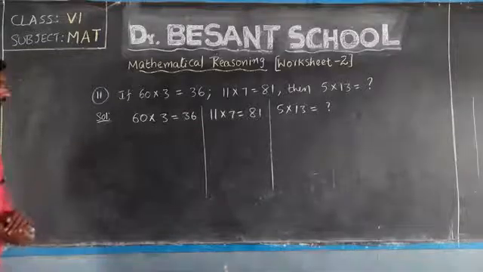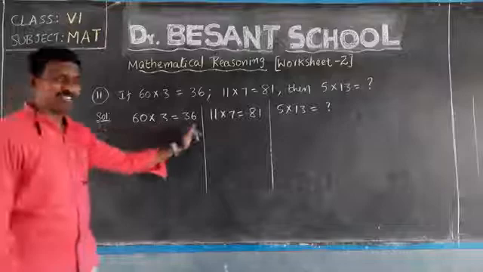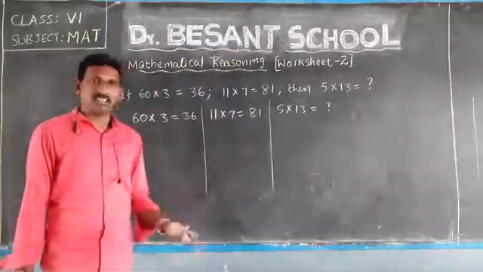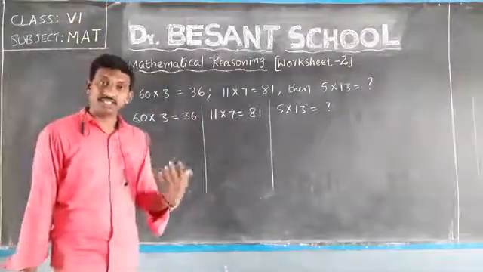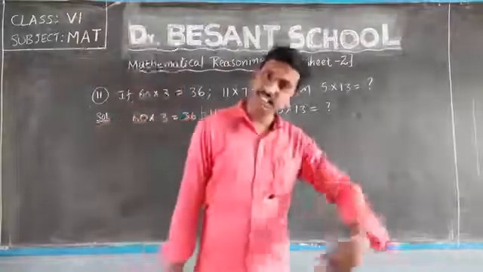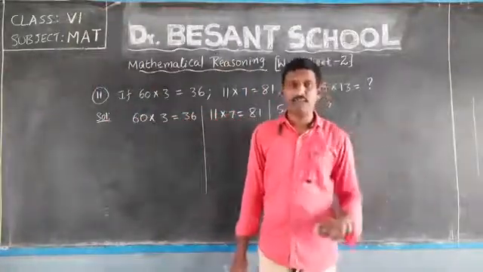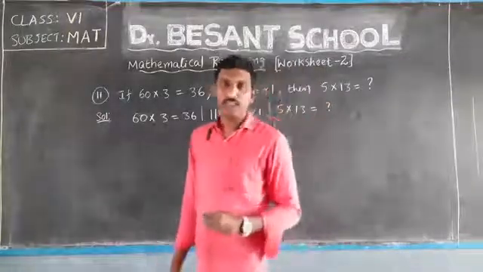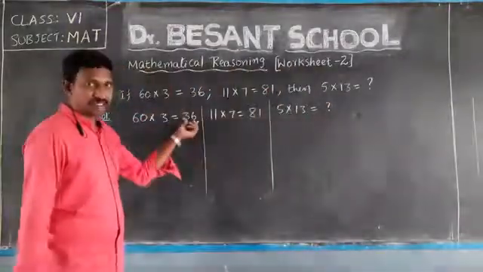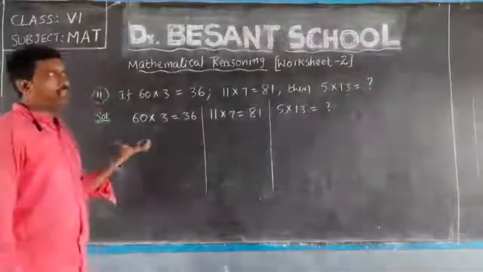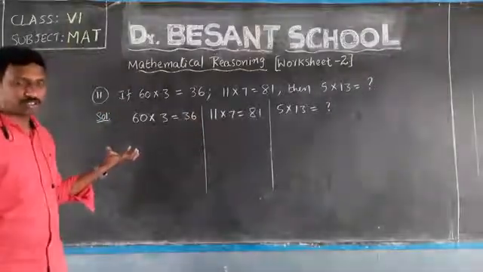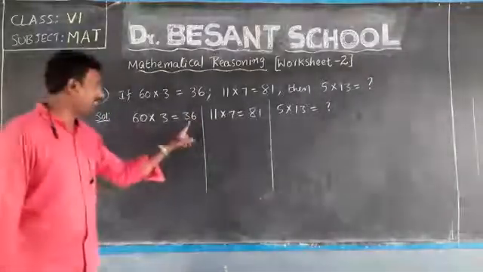So how to go through this? 60 into 3 is 36. 60 plus 3, or 60 minus 3, 60 divided by 3, even 60 into 3 doesn't work here. None of the four fundamental operations works out here to get this direct answer. So, if we use addition, first think of 60 plus 3, how much? 63.